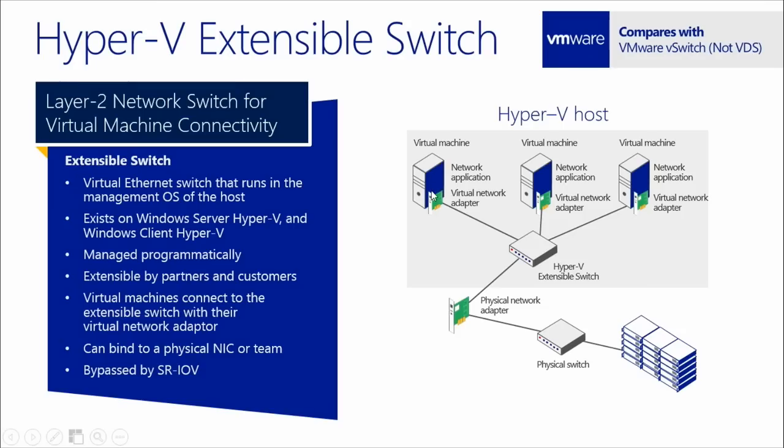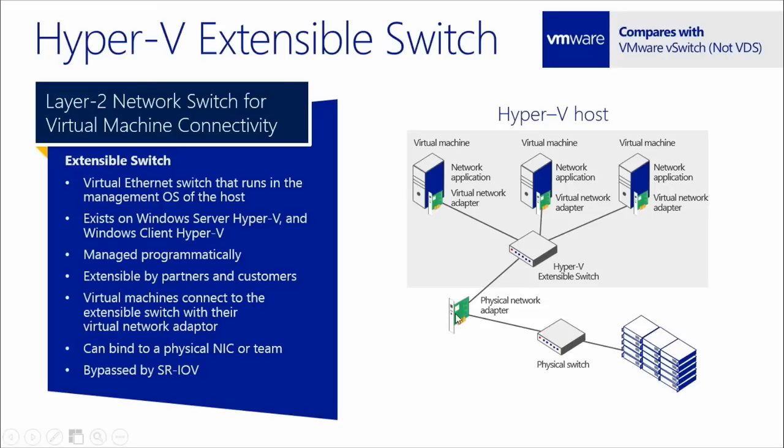VMs connect, as the diagram shows, their virtual network adapter to the extensible switch, which handles the traffic through the actual physical adapter. So you can bind the Hyper-V extensible switch to a single physical NIC, or you can bind it to a team, and that's what we're going to do shortly.